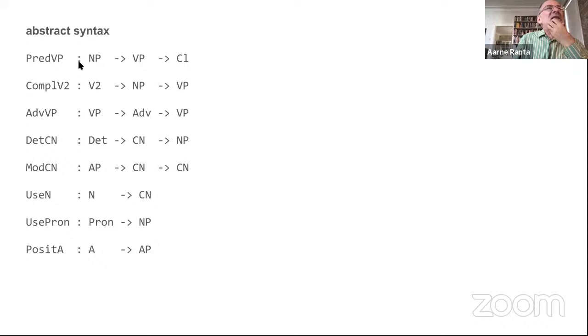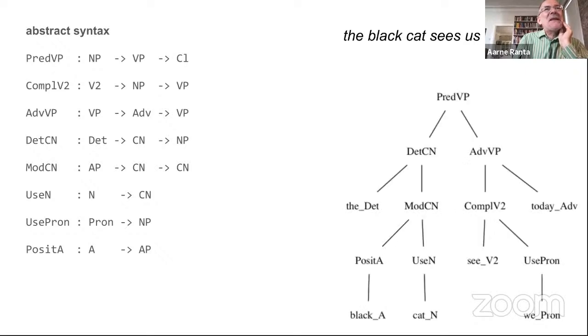Now this relates to some version of the old mini resource, which is by now quite familiar to all of you, I hope, or at least I assume. And I have here the syntax tree for "the black cat sees us today", according to this abstract syntax.